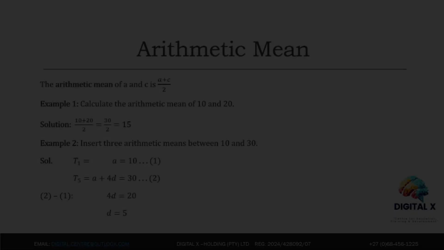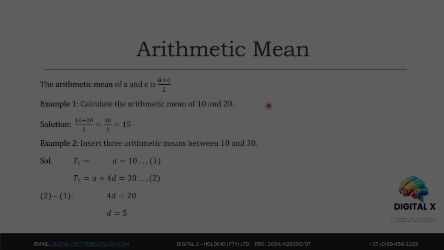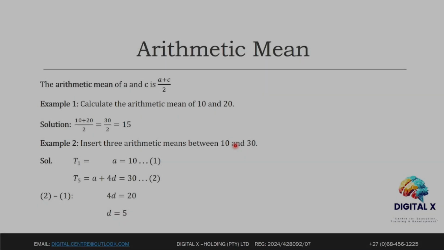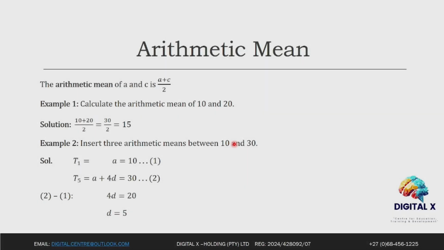Now let's quickly look at the last section of our presentation slides, which is on arithmetic means. What we know is that the arithmetic mean of any two real numbers a and c is basically the average of the two numbers.